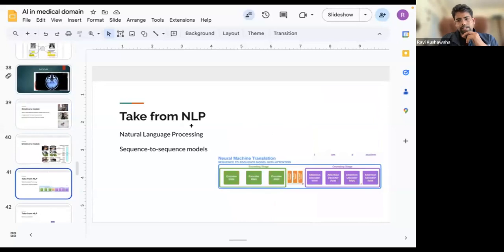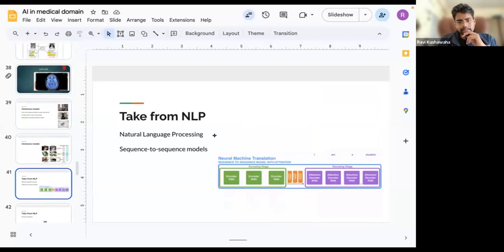We are focused on computer vision regarding images. But what about NLP? And why are we discussing NLP? NLP is natural language processing, which is applied to sequence models.